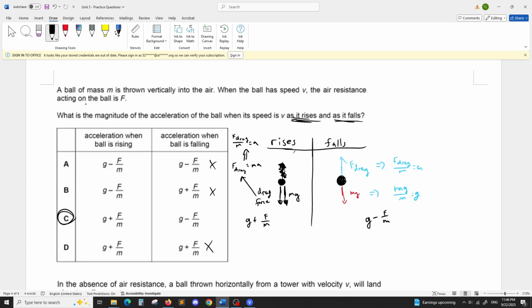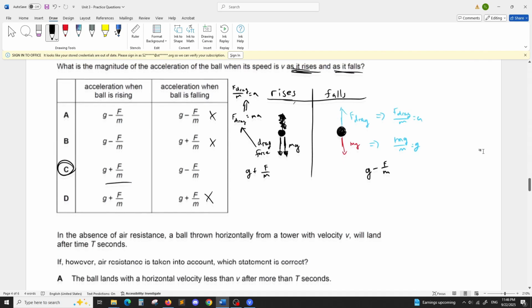I'm not entirely sure how AICE does directional forces, like up and down, but since they're going opposite directions you subtract them, and if they're going the same direction you add them. That's the general rule you should follow.